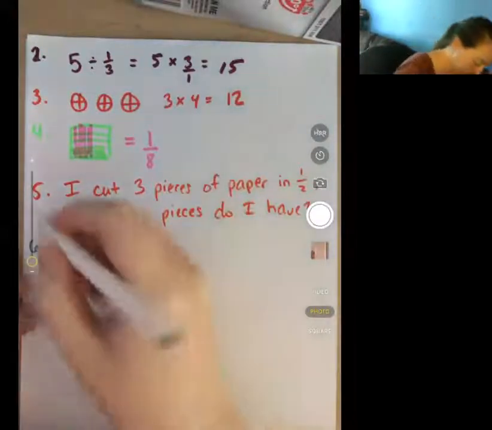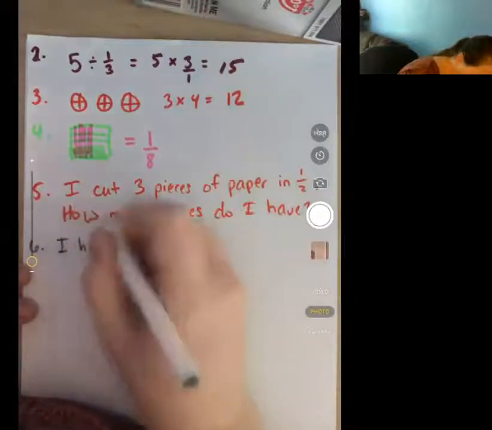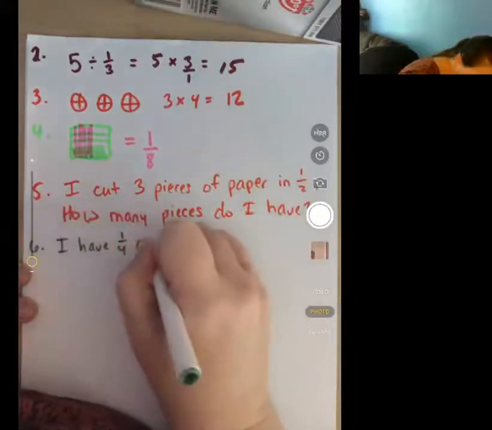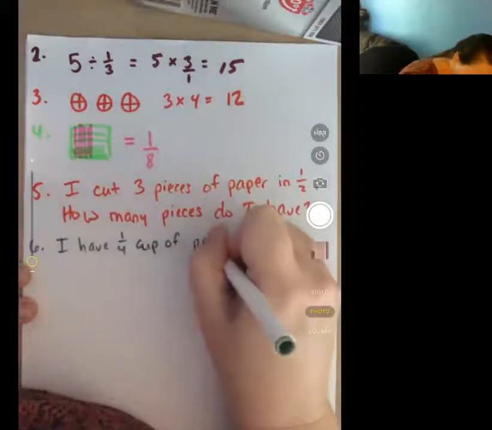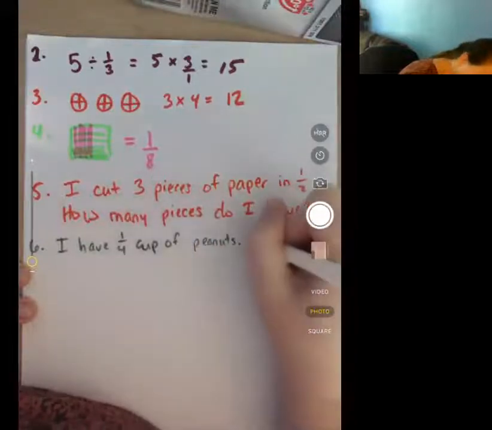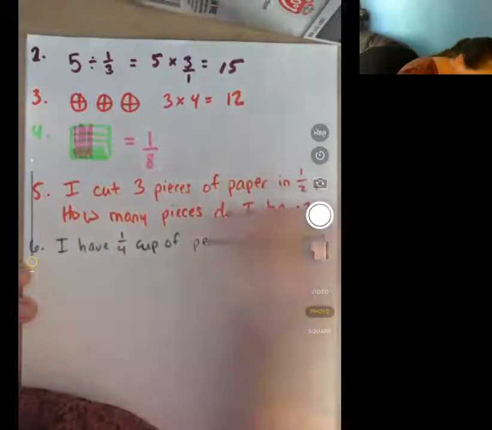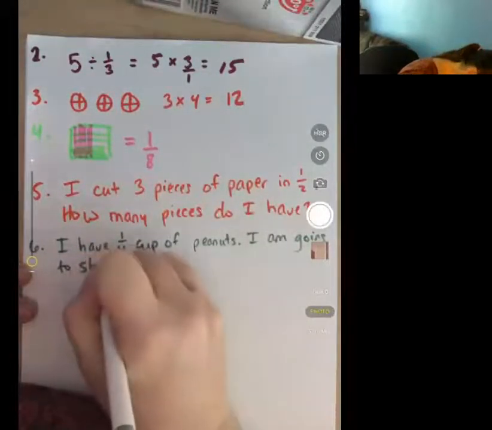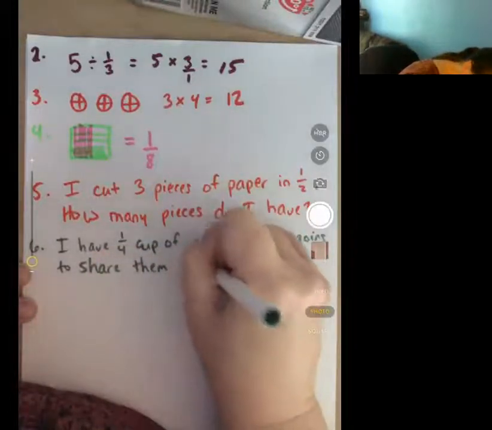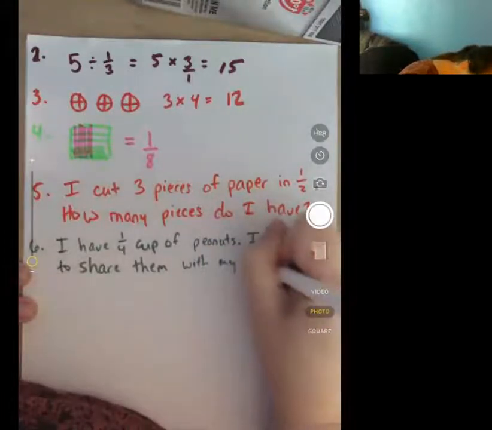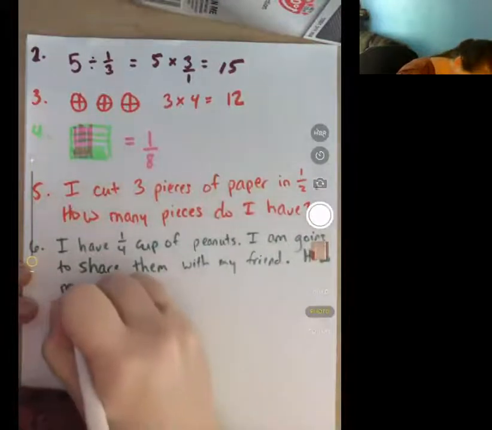Okay. I have 1/4 cup of peanuts. I am going to share them with my friend.